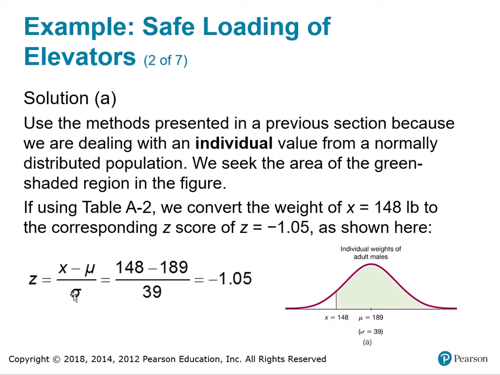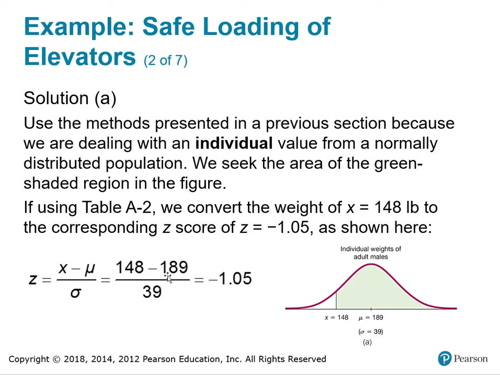All right, so the first one's pretty simple. We wanted to see the weight greater than 148. So it's 148 minus 189. We got 189 on the last question because that was 4,000 total weight in the example for the elevator, and there was 27 people. So the most it would be is 148.